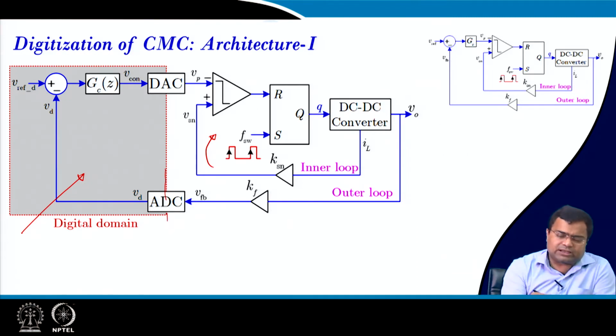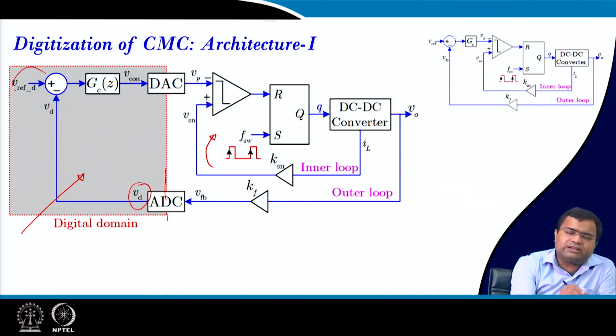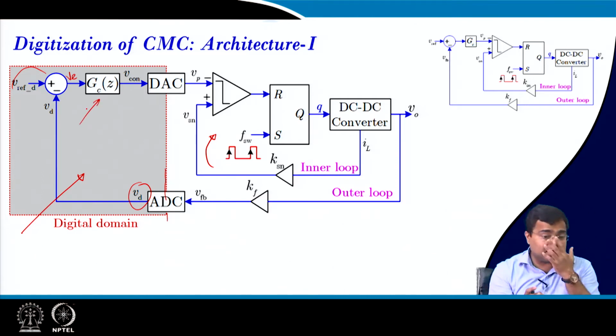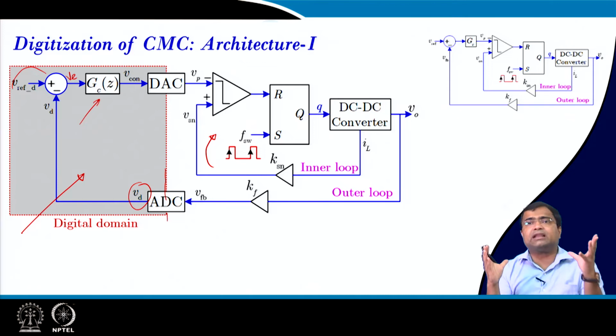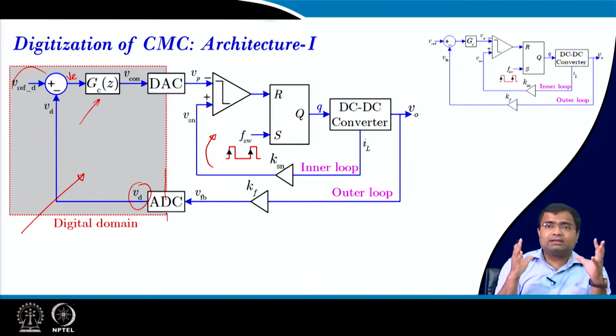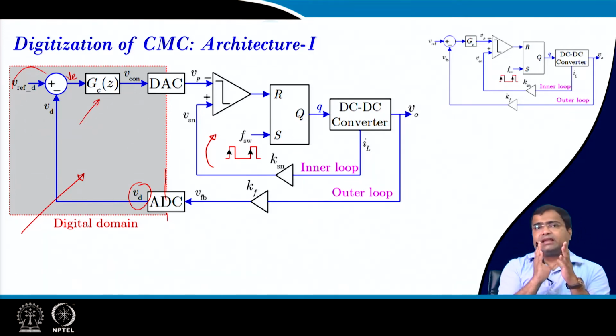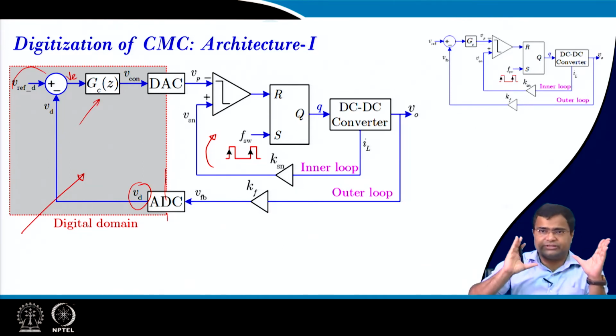But the next question, when you have this digital voltage, then the reference will be digital, error is also digital, and controller is digital. We have discussed in the previous lecture digitizing the single feedback loop. There, after digitizing the voltage, everything else was digital, we only had to consider the sawtooth waveform inside, which is also digital.